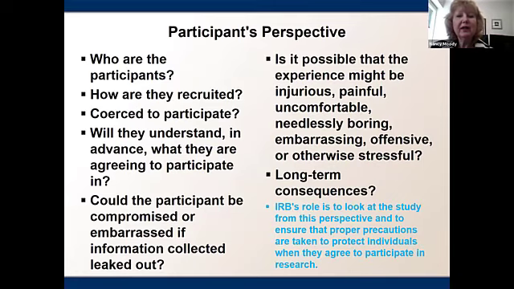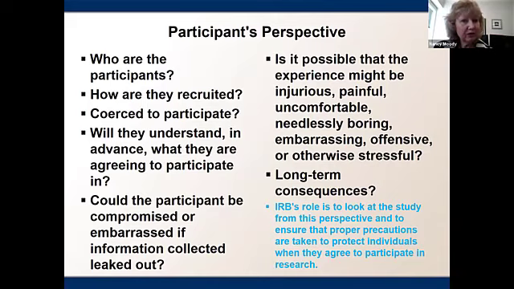So one thing I wanted to lift up is that we're all about the safety of the participant. We're not about the science and the design of your study, other than how it impacts the participant. So these are the things you should consider when filling out your application: what's the participant's perspective? Who are they?